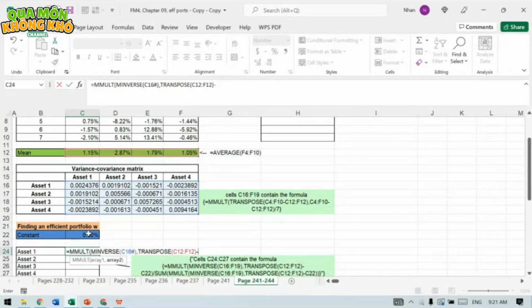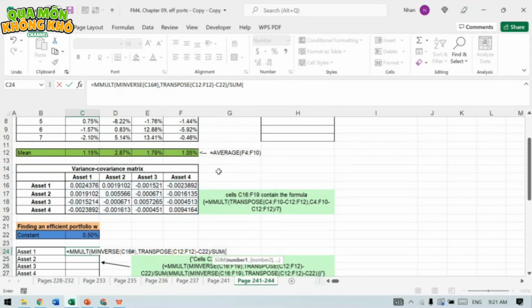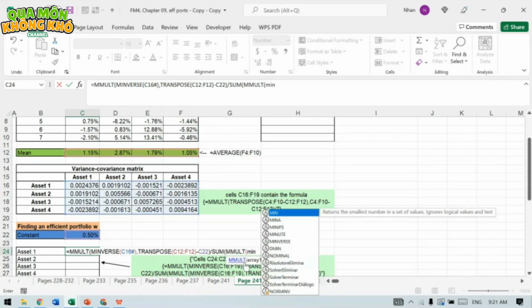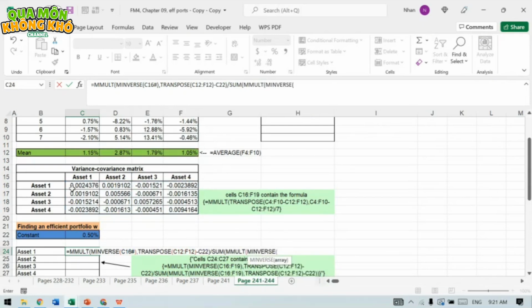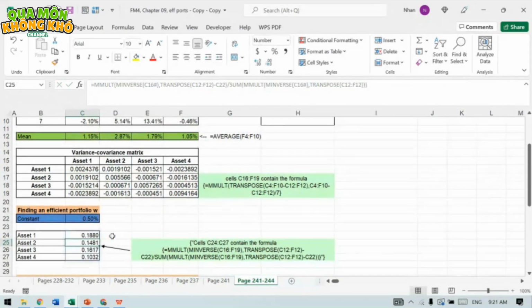Minus the constant, or sum inverse, and transpose. I have the proportion of each asset in the portfolio W.